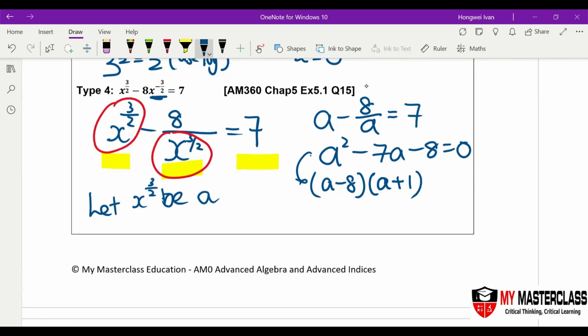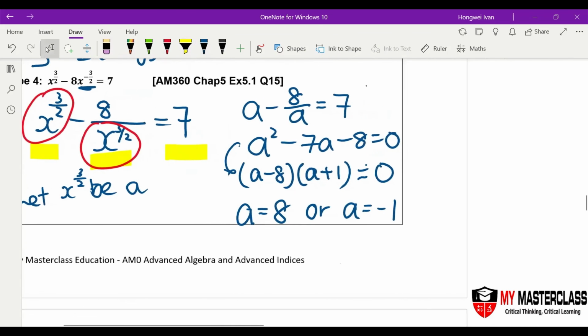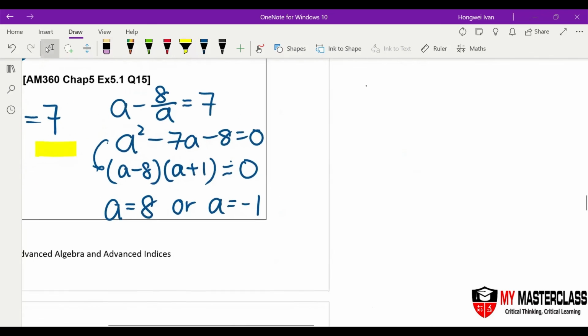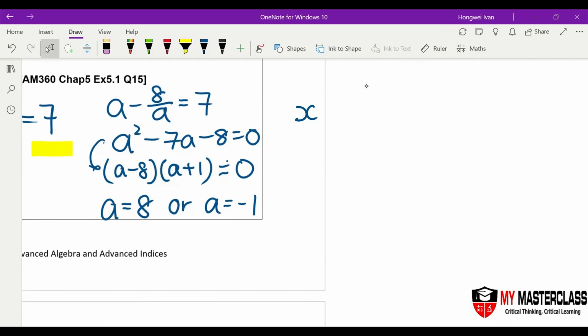You want negative 7 in the middle, so it has to be minus 8A plus A. Okay, so which means x to the power of 3 over 2 is equal to 8.